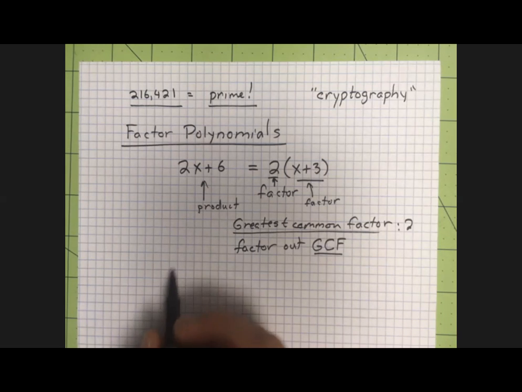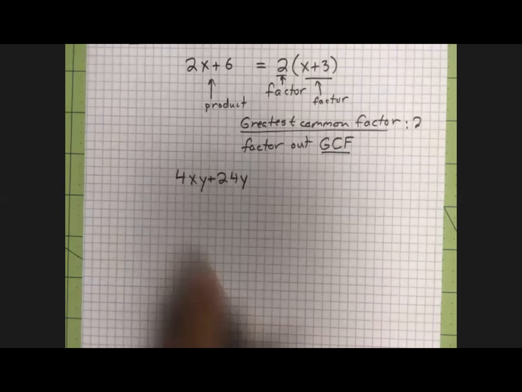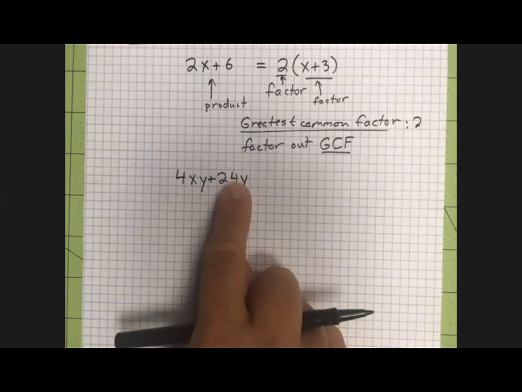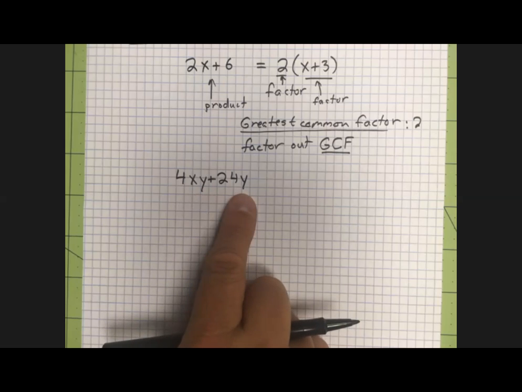Now, when you do this, there's some rules. Every game's got rules, right? So I'm going to say, look at these 2 pieces, 4xy, 24y. You have 2 pieces like the one above. You definitely have things in common. It's clear that they both have a factor of y.